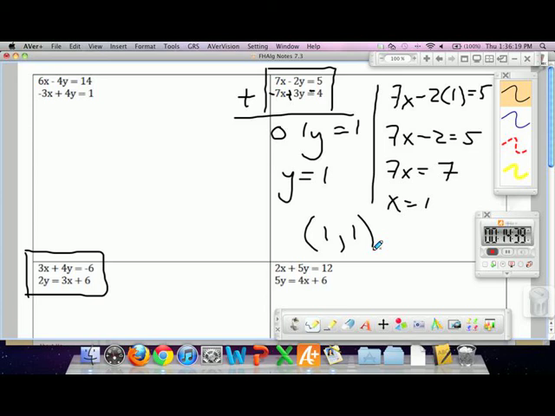Oh, it would be 1. We have negative 2 minus negative 3. Negative 2 plus negative 3 is negative 5. Negative 2 minus negative 3 is negative 2 plus a positive 3. Okay, notice how that can get tricky.